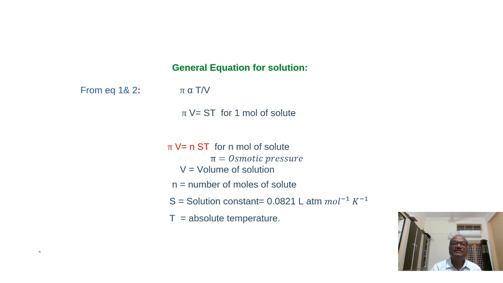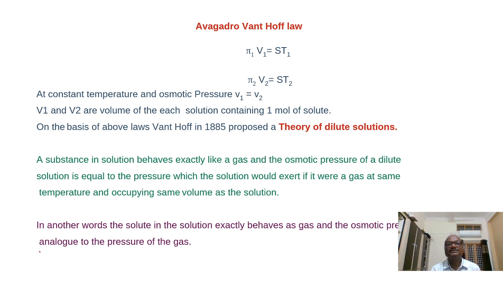Okay, so this is a general equation, pi V is equal to nST. Let me verify Avogadro's hypothesis. We say it is Avogadro's law. Before discussing this, once again remember what Avogadro's law is in the case of gases.